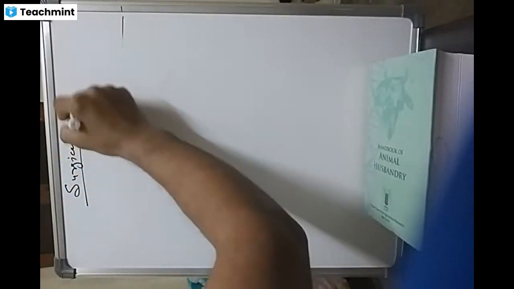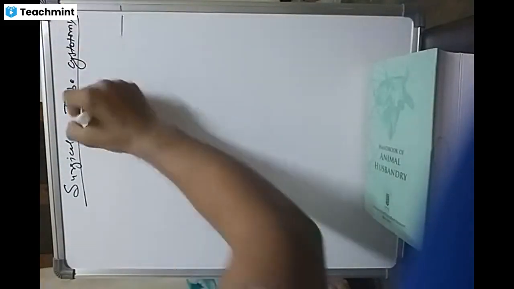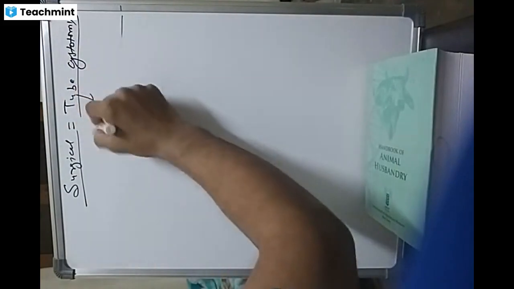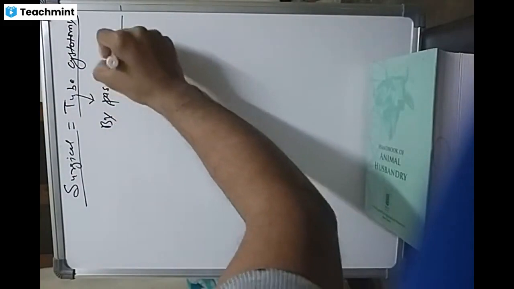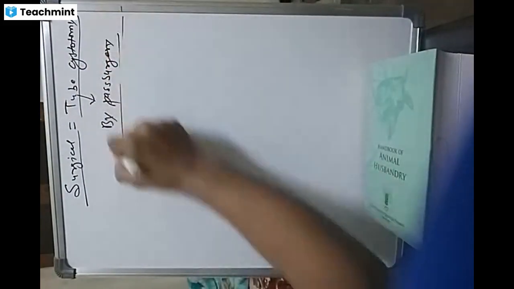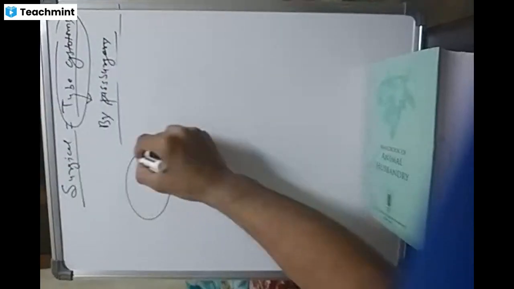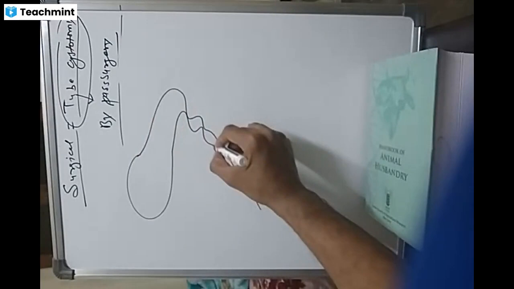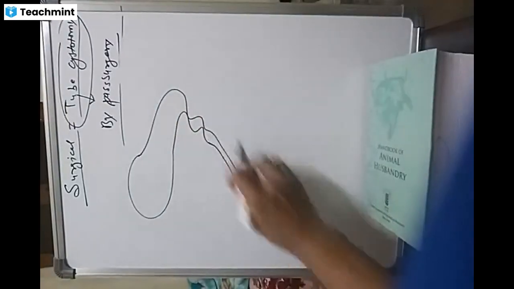What is the surgical procedure? Tube cystotomy is a kind of bypass surgery. What is the cystotomy? This is the bladder, sigmoid flexure, urethral process, the urinary path.